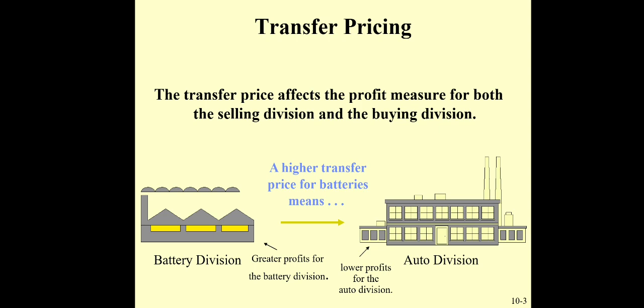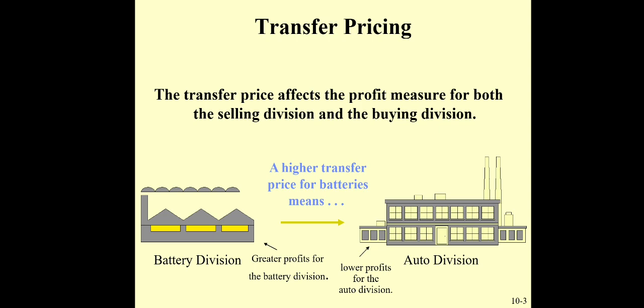See the blue sentence there: a higher transfer price for batteries means greater profit for the battery division, but at the same time lower profits for the auto division.